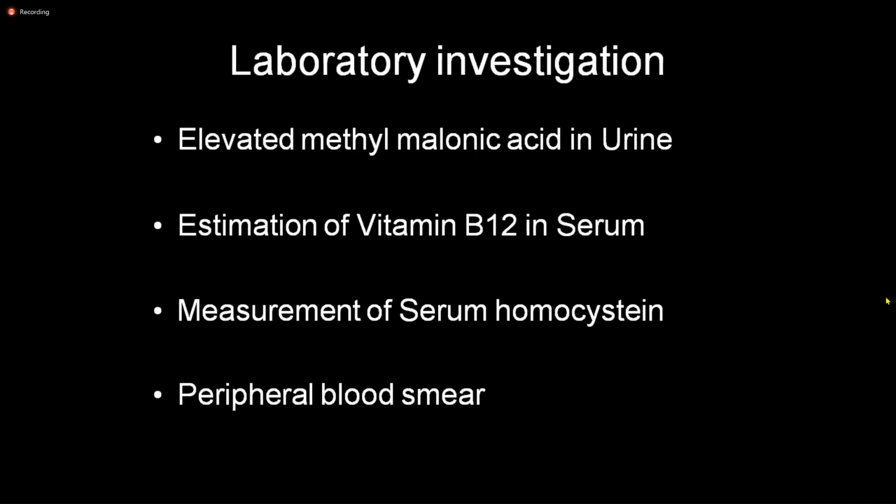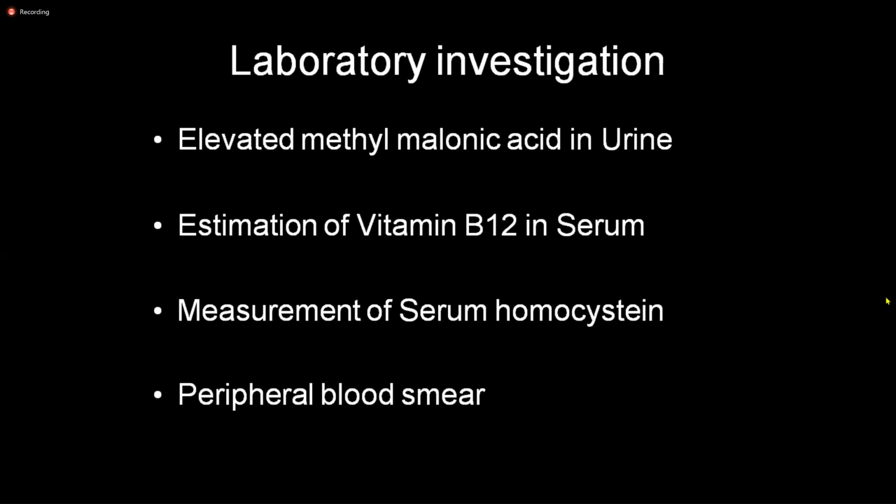Okay, now we have already covered many issues related to anemia, megaloblastic and pernicious anemia. Now we go forward to the laboratory investigation. If we want to check vitamin B12, you can directly check vitamin B12 in the blood, in the serum. Go to the lab and ask the laboratory scientists to check vitamin B12 in the blood.